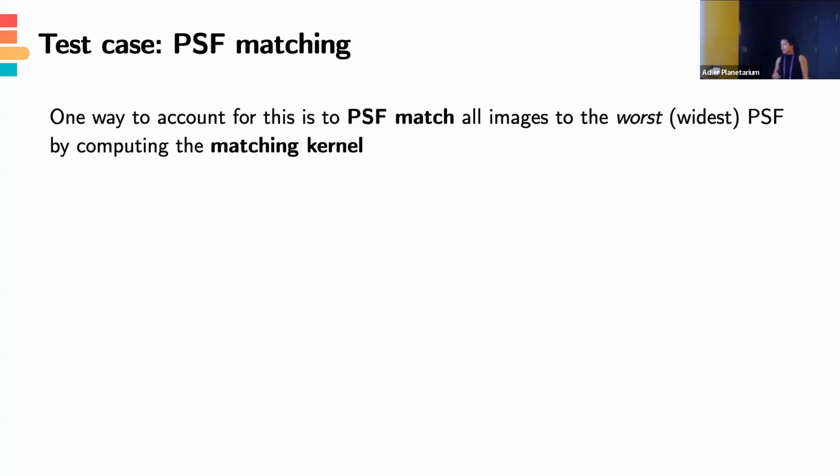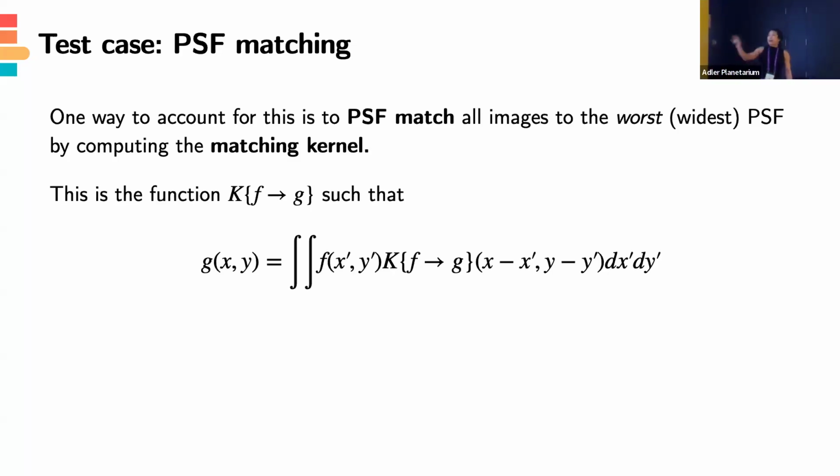The way that we can do this is by computing the matching kernel. The matching kernel is the function k that maps f to g. Let's say that f is our better seeing PSF and g is our worst seeing PSF, such that you get out the worst seeing PSF if you convolve the better seeing PSF with your kernel k that maps f to g.